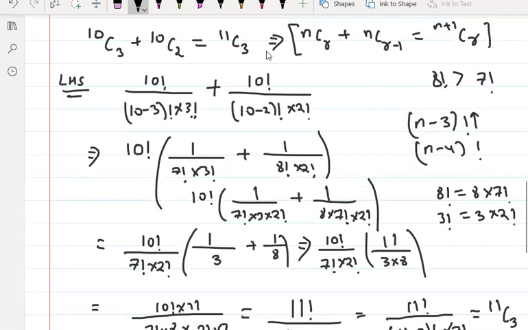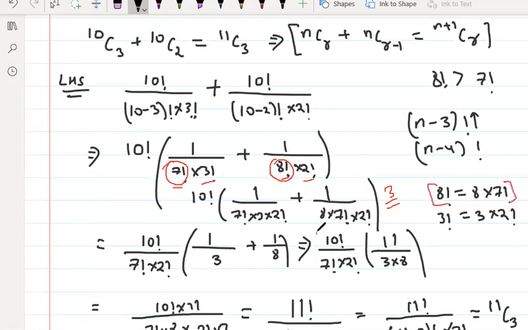So see, step 3 was this. If you see this, we had 7 factorial into 3 factorial, and here 8 factorial into 2 factorial. So I can say that 8 factorial is bigger than 7 factorial. Right? So I will convert 8 factorial in terms of 7 factorial. How? 8 factorial can be written as 8 into 7 factorial.